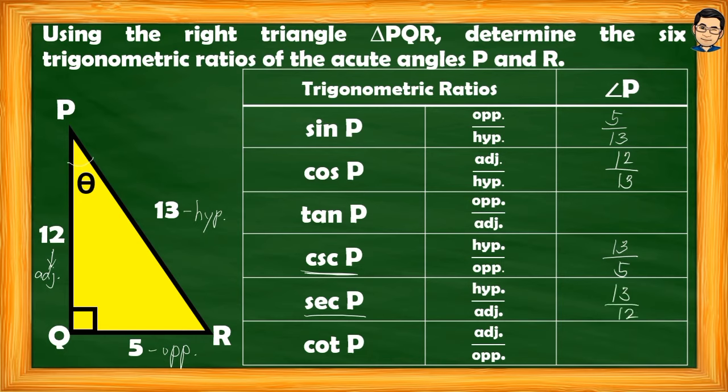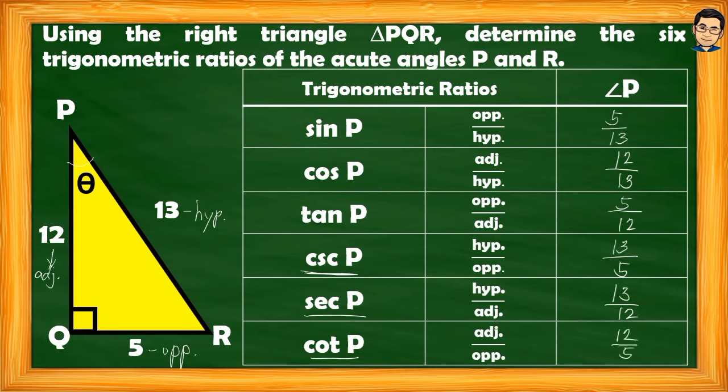And then, yung tangent naman, that is equivalent to opposite over adjacent. Yung opposite natin, again, is 5, and yung adjacent side natin is 12. Yung reciprocal ng tangent P is cotangent P. So, yung 5 over 12 sa tangent, magiging 12 over 5.